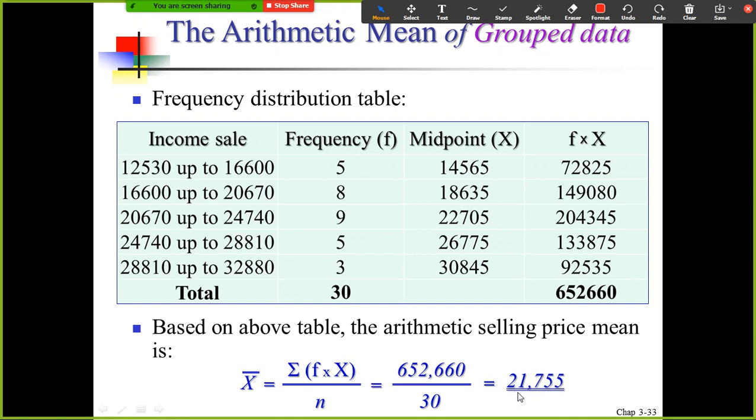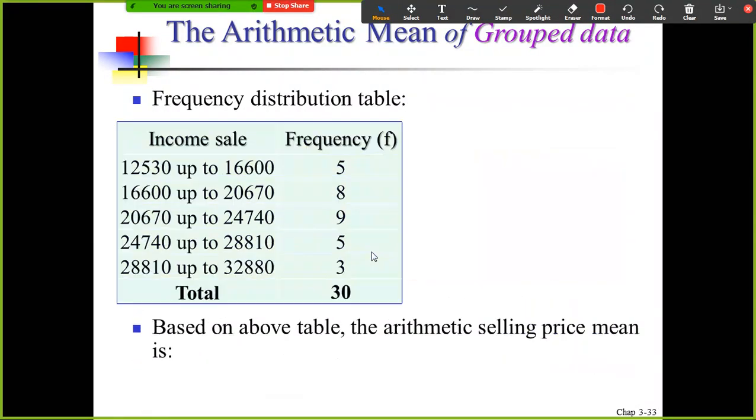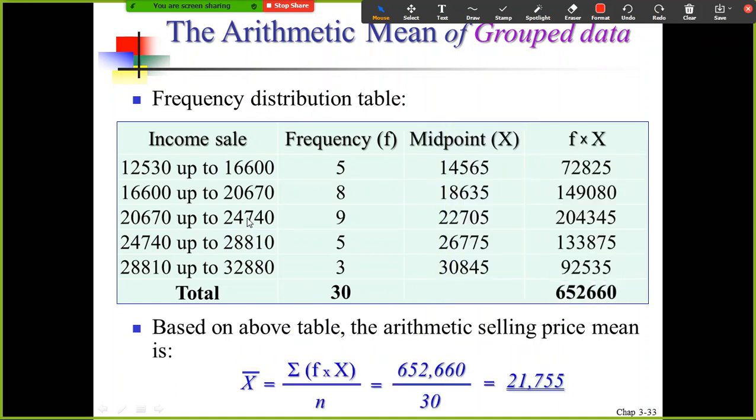What does it mean? It means that on average all 30 cars were sold at an average price of 21,755. This is the average price of the cars sold. But this is not really the actual price; the actual price is this one, and this is only grouped already.